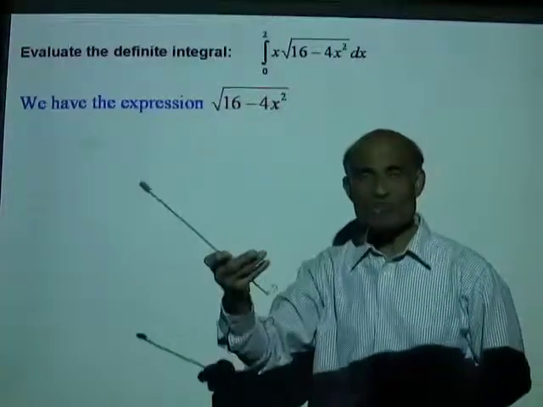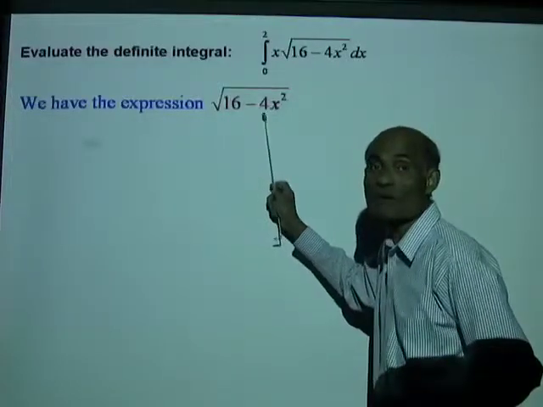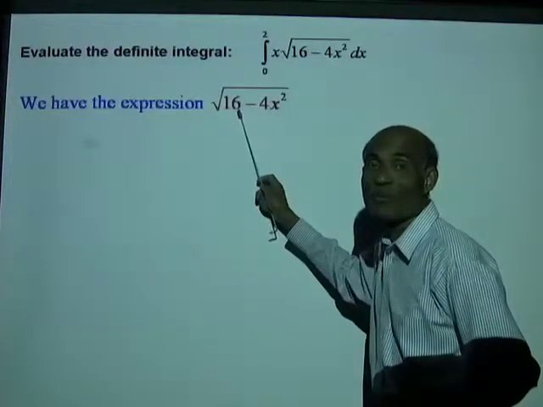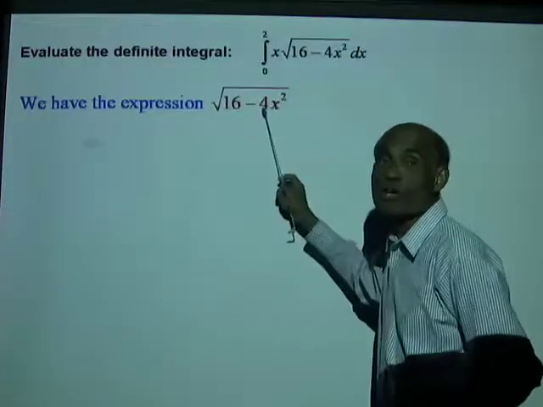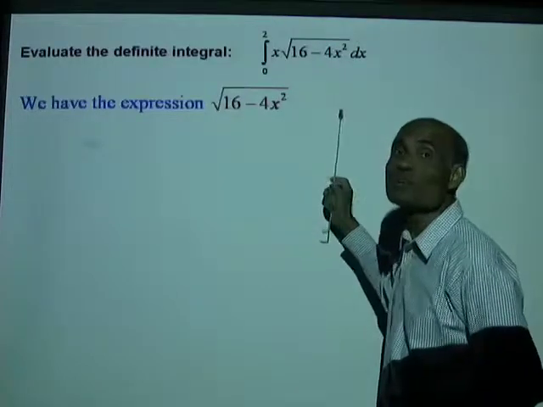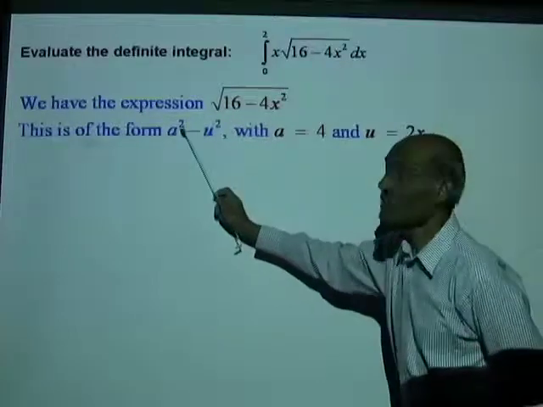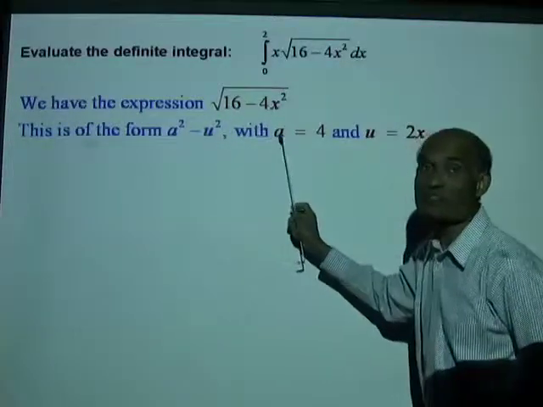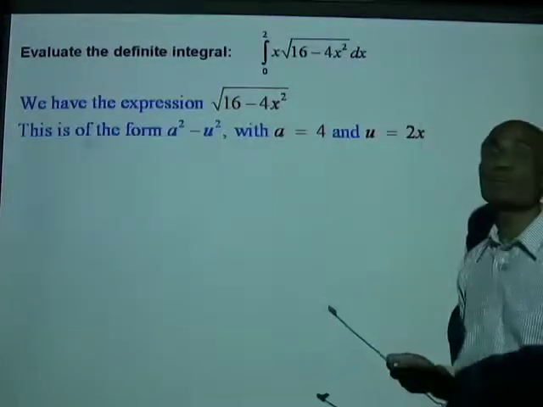See, the constant number will always be the a part. This is of the form a squared minus u squared, where a squared is 16, meaning a equals 4. u squared is 4x squared, meaning u equals 2x. That's right. So, this is of the form a squared minus u squared with a equal to 4 and u equal to 2x.